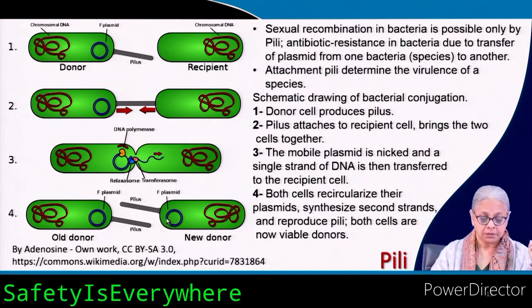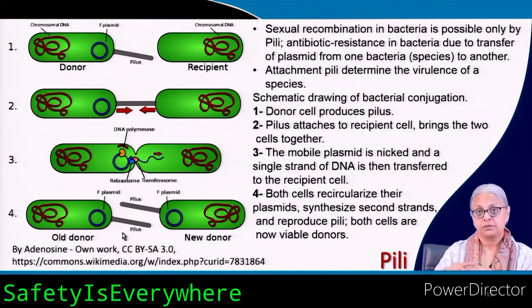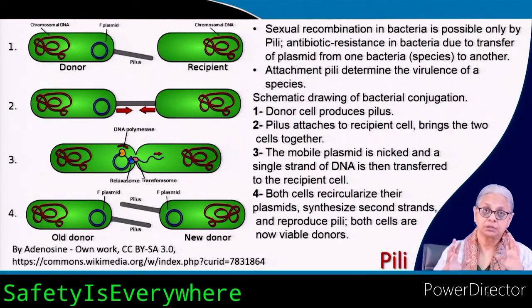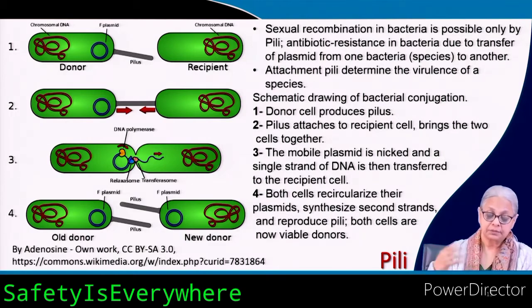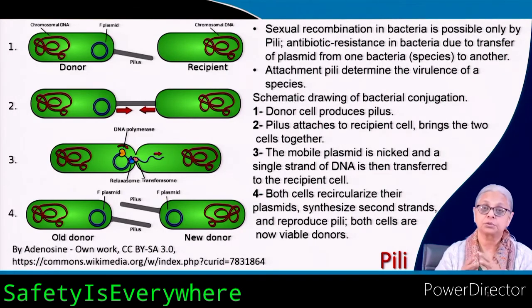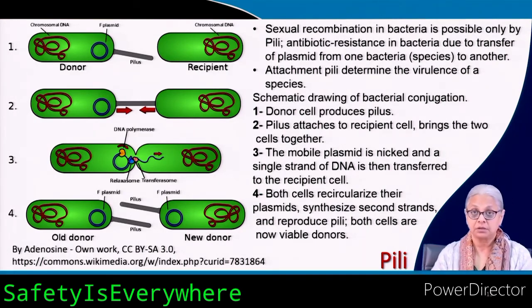Okay, and at the end of the process, both the bacteria have a pilus and a plasmid, and both of them have become resistant to the antibiotic to which only one was resistant. And similarly, this new cell and the old cell both will continue to provide this plasmid to other bacteria in its environment, giving antibiotic resistance to all the cells in their environment.